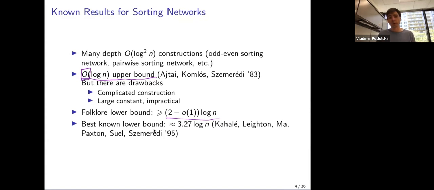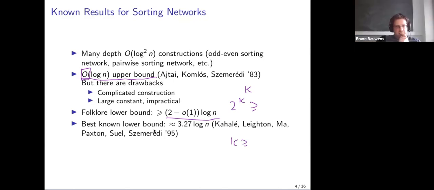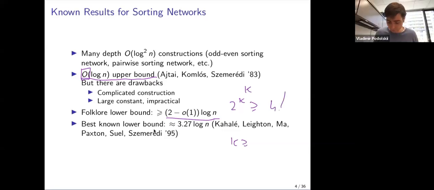So the outcomes of all comparisons in your algorithm must distinguish them. If you make k comparisons, then there are 2^k outcomes, and that should be at least n factorial. And from that, n log n comparisons are needed.